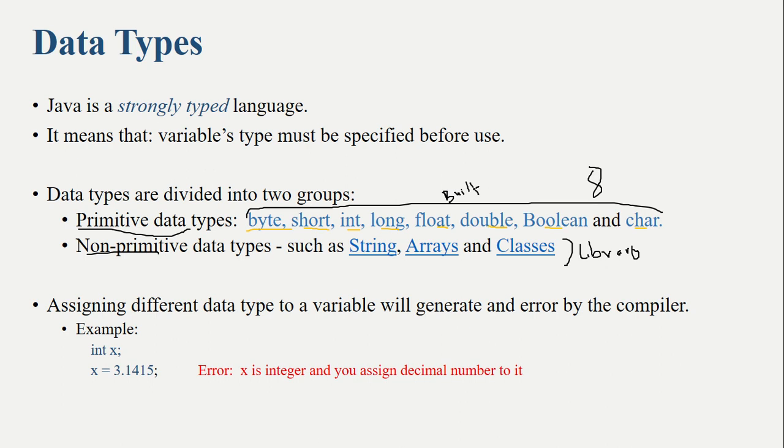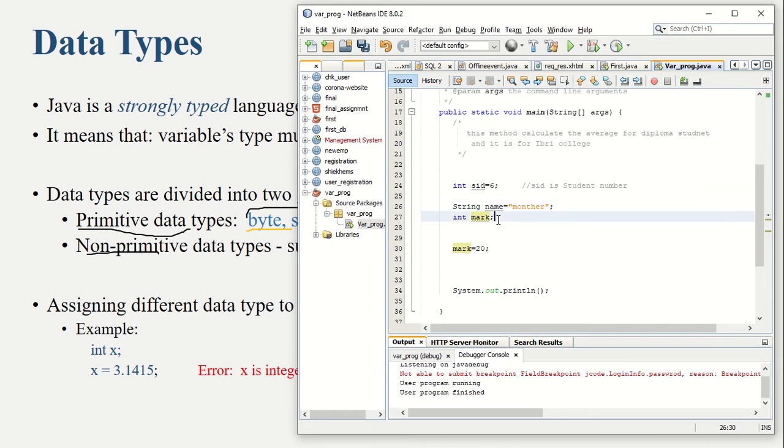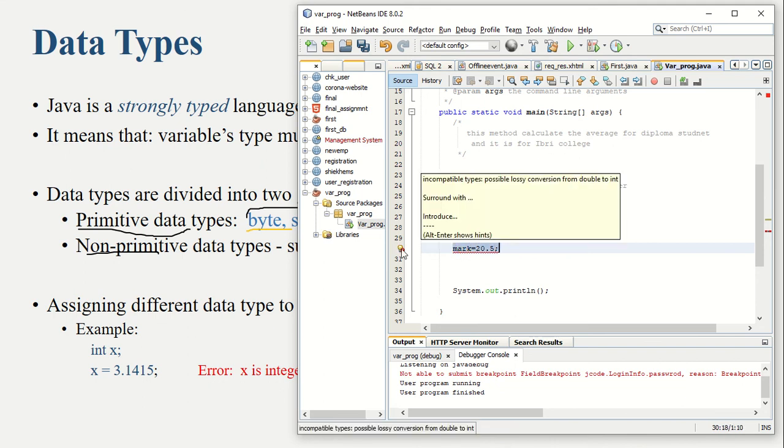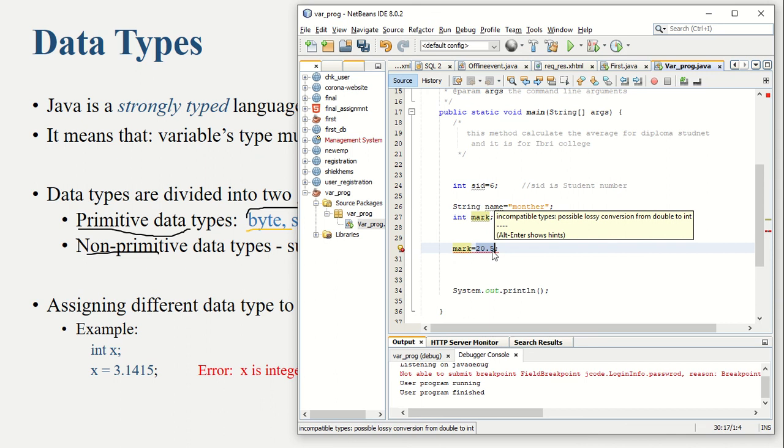If you identify a data type for a variable, you cannot assign a different value. For example, I say here integer mark. I cannot say 20.5 because 20.5 is not an integer. This will give you an error, incompatible data type, because you identified mark as an integer and you inserted 20.5, which is a double number.